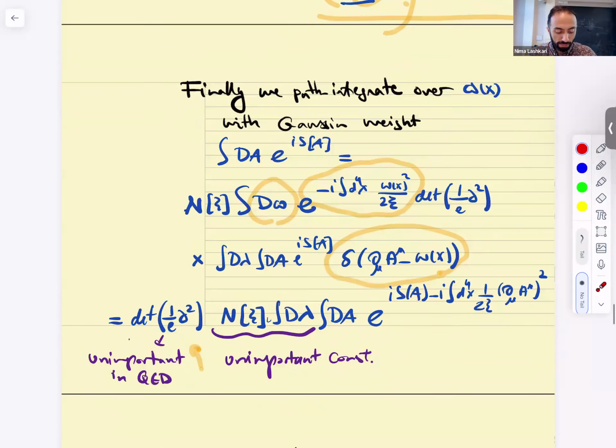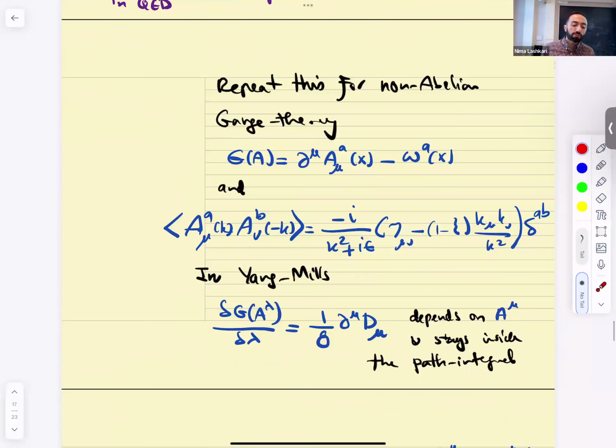All right? So let's repeat this for non-abelian gauge theories. In non-abelian gauge theories, as we just said, omega has an A index. We already know what the 2-point function in the R-xi gauge is going to look like. It's just delta AB.